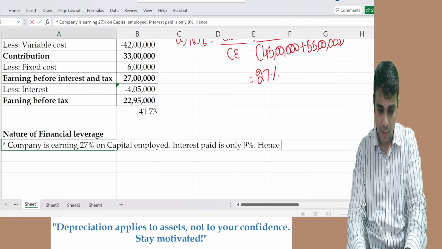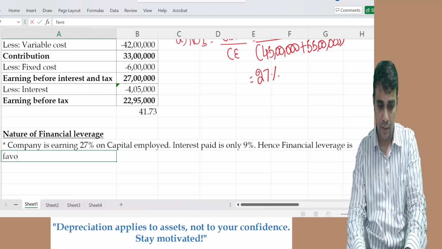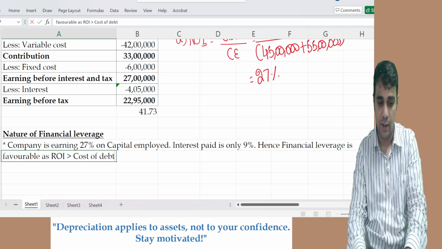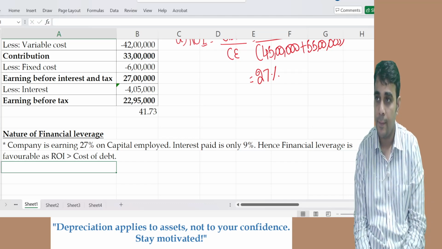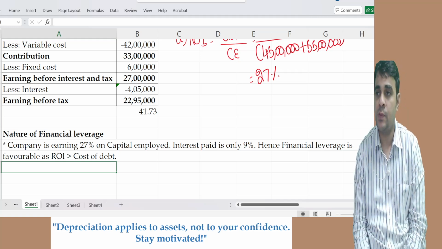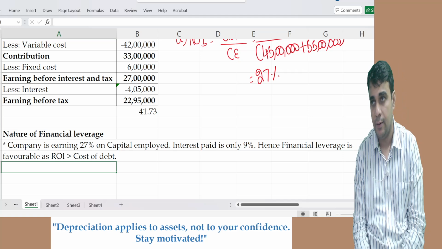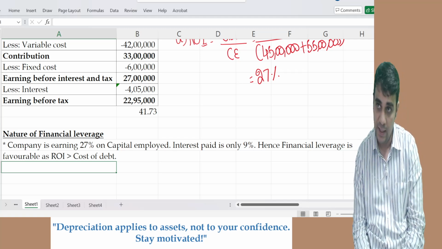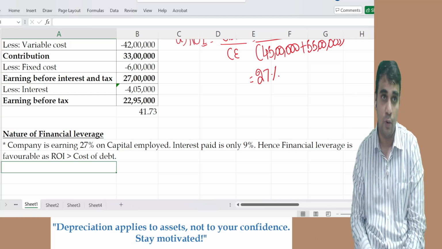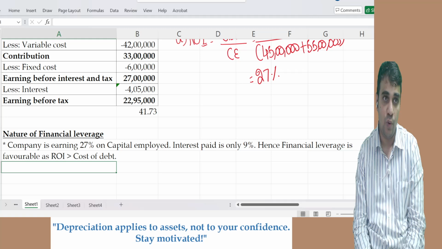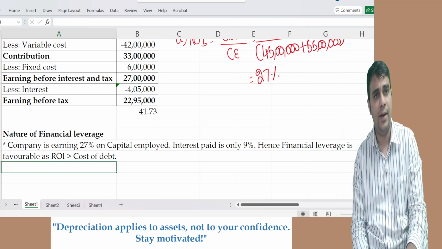Hence, financial leverage is favorable as ROCE is greater than cost of debt. ROI, ROC, any name you want to give. So ROI is greater than cost of debt. Logic is very simple. If you can earn more than what you are paying, favorable. If you're earning less, then it is unfavorable. If you're going to earn less than the interest you're going to pay, don't take loan. Take entire money from equity guy. You will not be able to service the loan, or it can lead to problems in future. Any doubts on this?